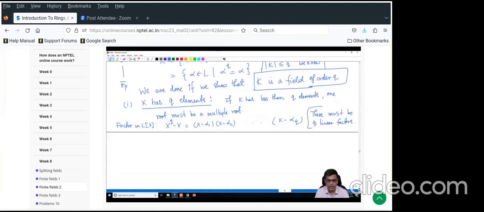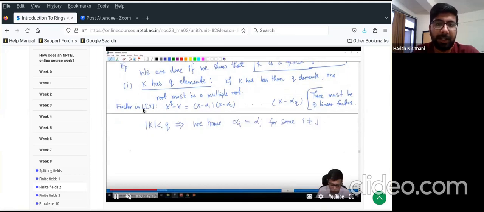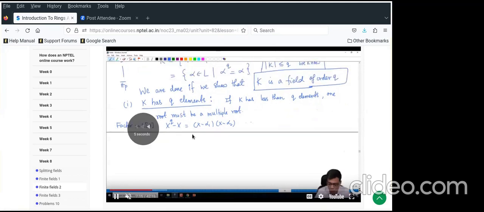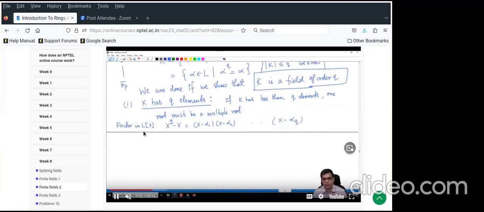Now it's factored in L[x]. Remember that L is a splitting field, so this polynomial is in L[x], because alpha may not be in the base field, but it is definitely in the splitting field.